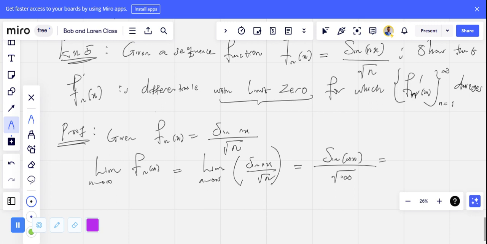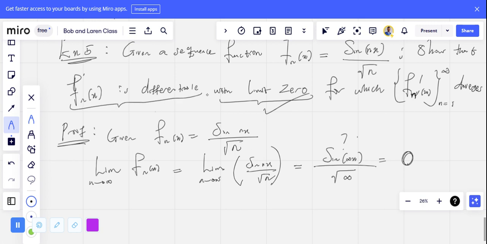Anything divided by infinity, the square root of infinity is still infinite, and by the time you divide anything here by infinity, you should know that that will give us zero. So hence this is proved. The limit for this f_n(x) is zero.